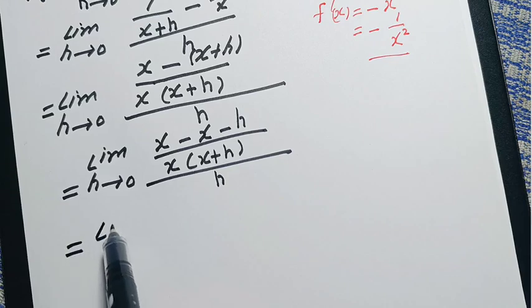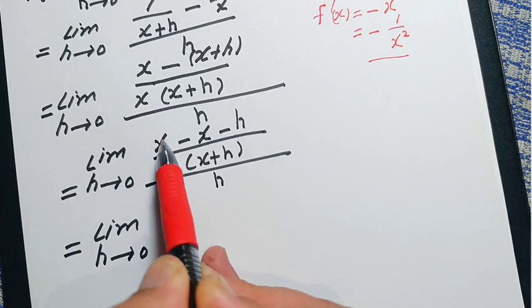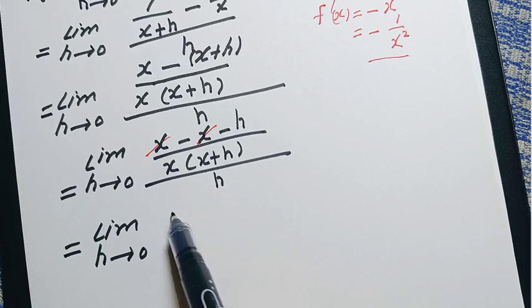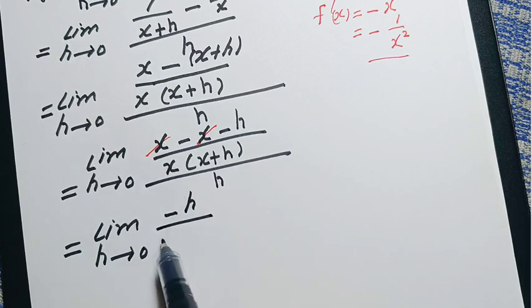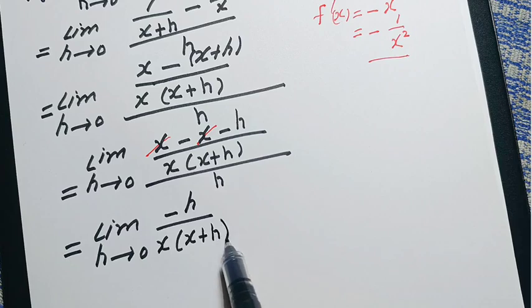Now the limit as h approaches 0. Now we need to cancel what we can. On top, the positive x and the negative x are gone. We are only left with the negative h. So we get on top negative h over x times x plus h.